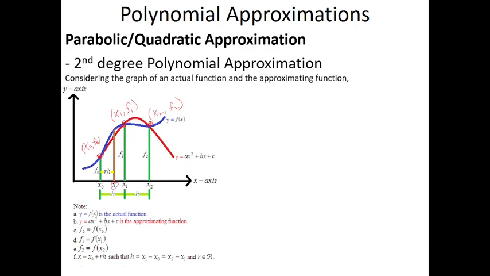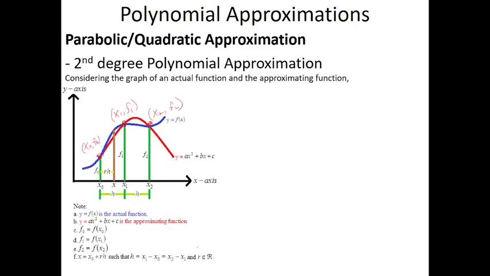If we are interested in finding x, we simply add x sub 0 and rh. Here h is the difference between x sub 1 and x sub 0, or x sub 2 and x sub 1. It should be constant so that we can apply the forward Gregory-Newton interpolation formula.